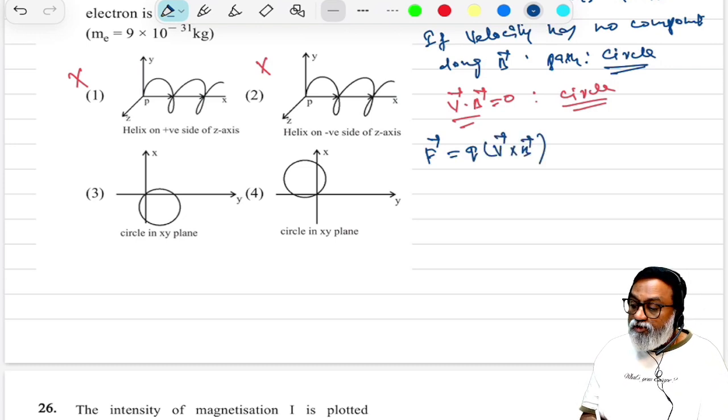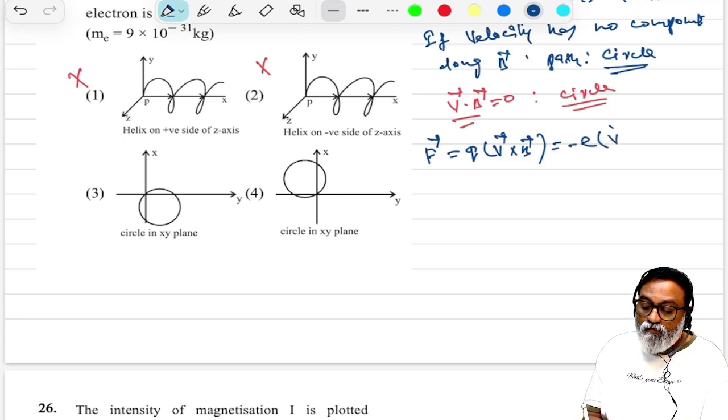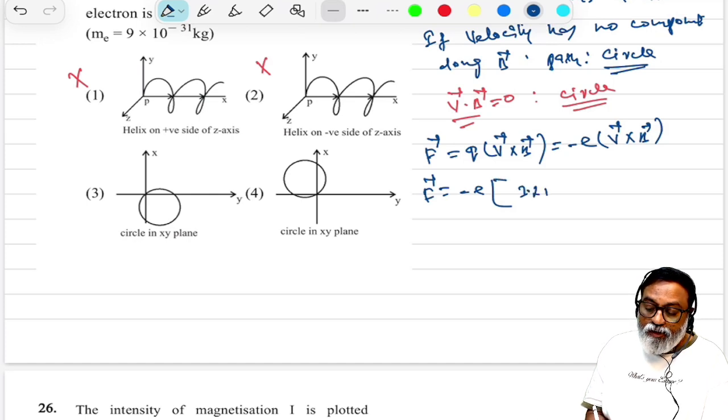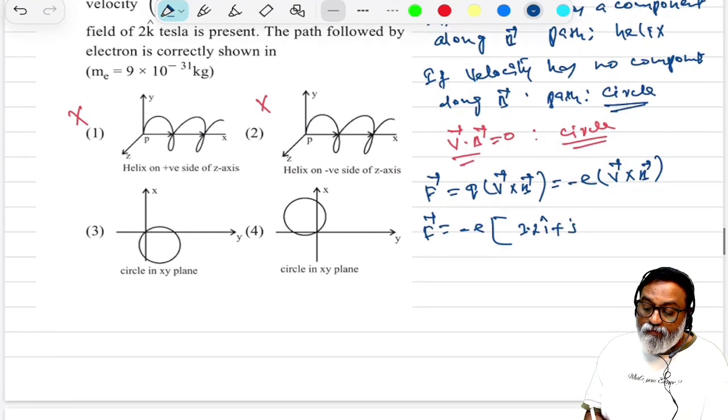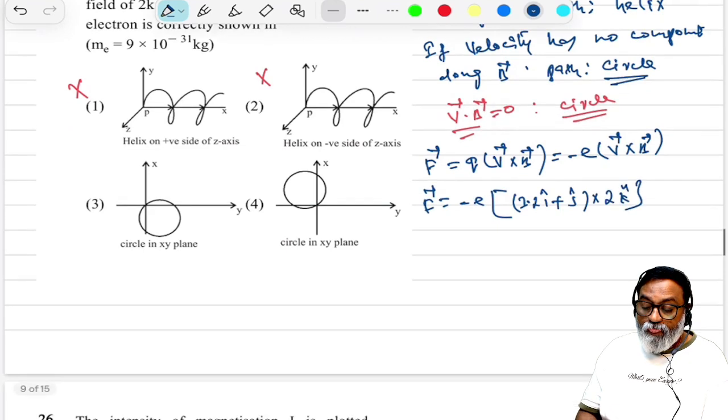Here the charge is an electron, therefore minus e into v bar cross b bar. Therefore F bar is equal to minus e into v bar, 3.2 i cap plus j cap, cross b bar, which is 2 k cap.